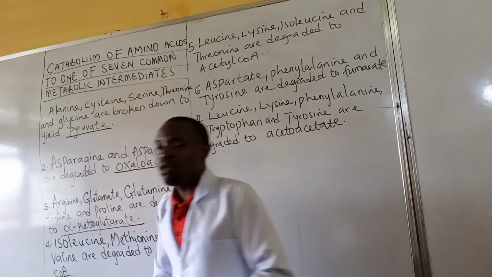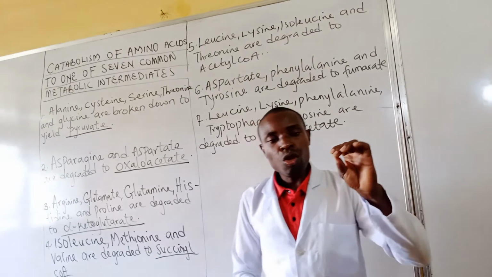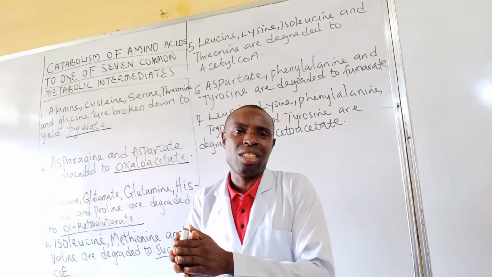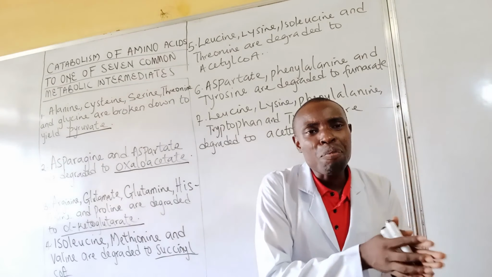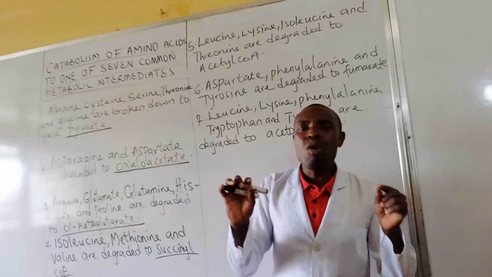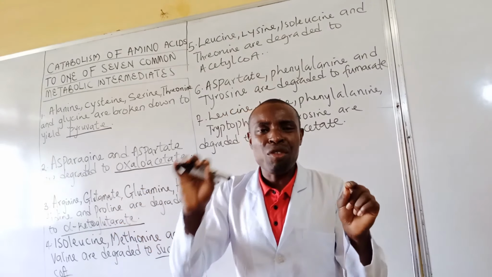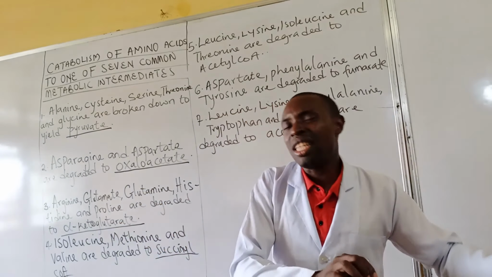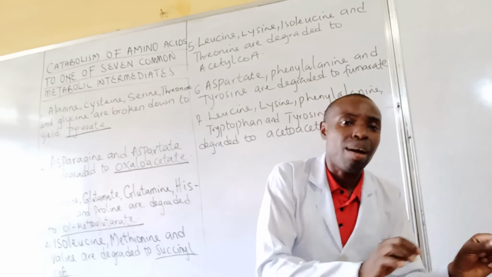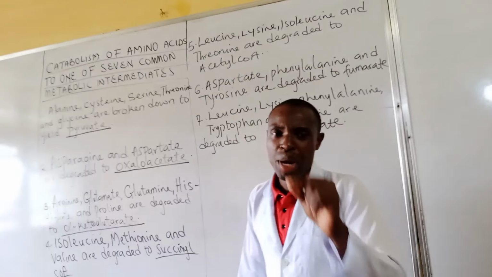Succinyl-CoA. Do not forget that in our previous video, we talked about examples of ketogenic amino acids, examples of glucogenic amino acids, and also some examples of amino acids that behave both as ketogenic and as glucogenic amino acids.